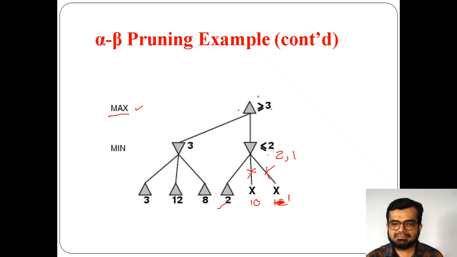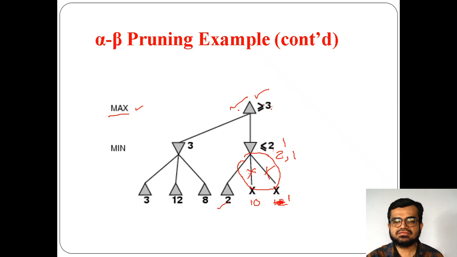But if you see the max side, for example, if it is 1 here instead of 2, among 3 and 1, which is the maximum value? 3. So there is no need of seeing these two values. That means you are pruning these two values here. Why? Because the ultimate result will not have any effect.